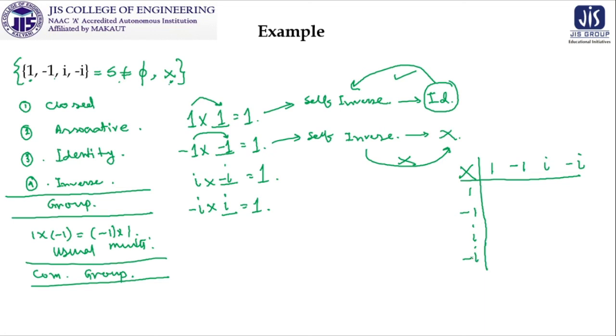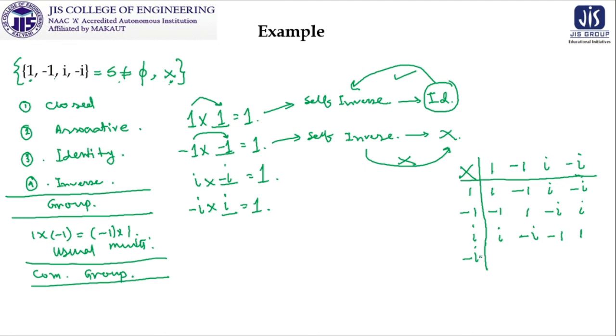Now this will create one composition table. 1 into 1 is 1, 1 into minus 1 is minus 1, 1 into i is i, 1 into minus i is minus i. Minus 1 into 1 is minus 1, this is 1, this is minus i, this is i. Then i into 1 is i, it is minus i, i into i is i square, which is minus 1, and this is 1.